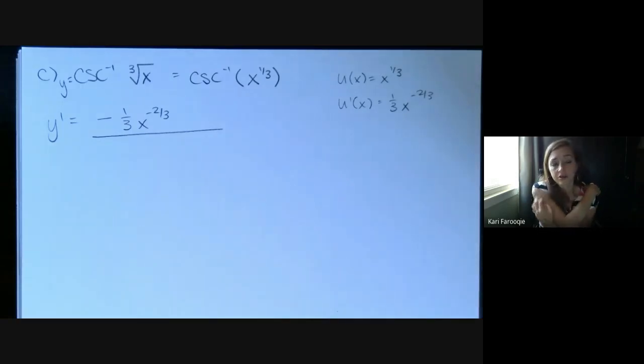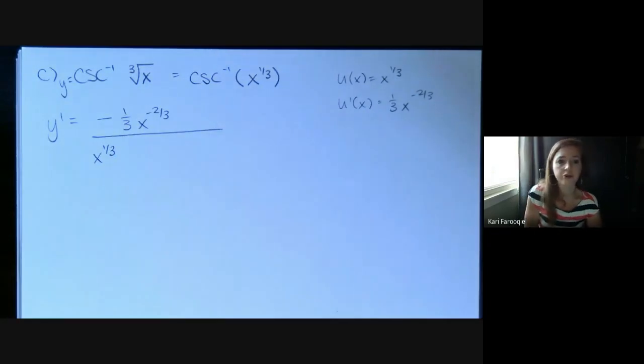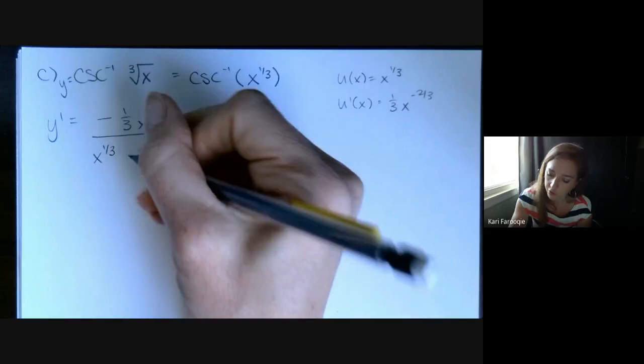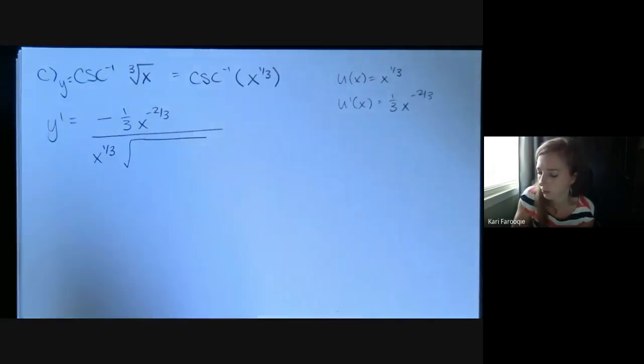Now, remember that with the secant and the cosecant, we have a factor of u of x in the denominator. So for us, that's going to be a factor of x to the 1/3 power. Then we have the square root of, and you're going to switch the order of subtraction from the sine and cosine. It's going to be u of x squared minus 1.